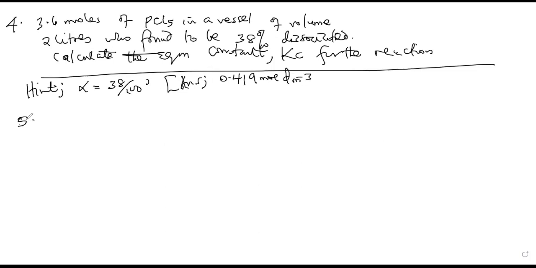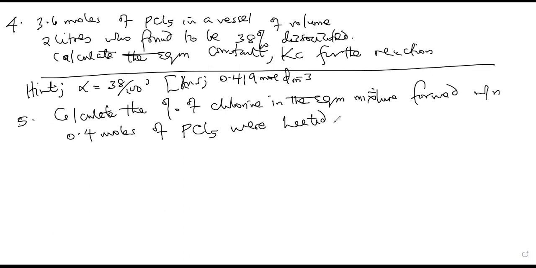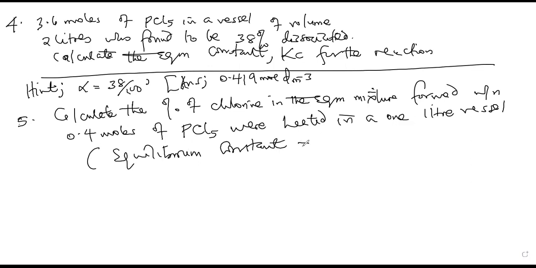Then number 5, calculate the percentage of chlorine in the equilibrium mixture formed when 0.4 moles of phosphorus pentachloride were heated in a 1 liter vessel, and they gave the equilibrium constant as 0.02 moles per decimeter cubed.